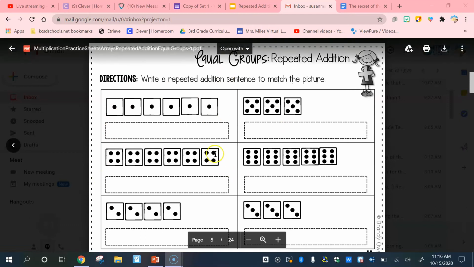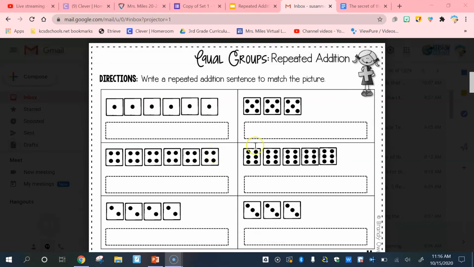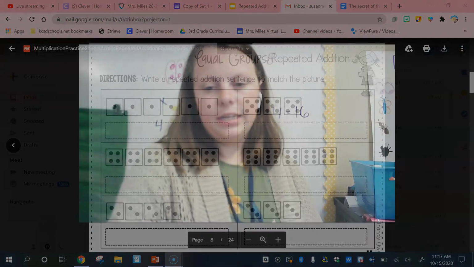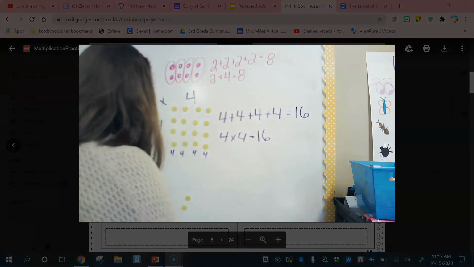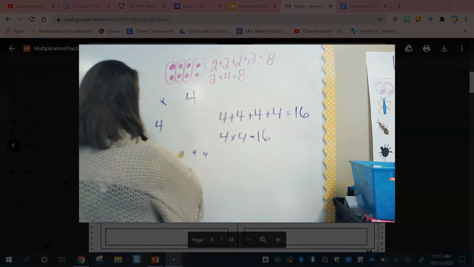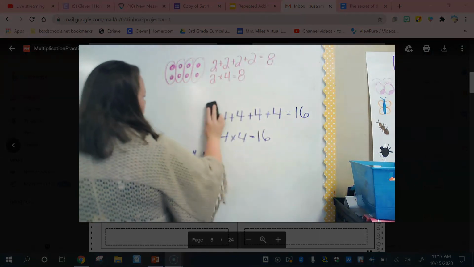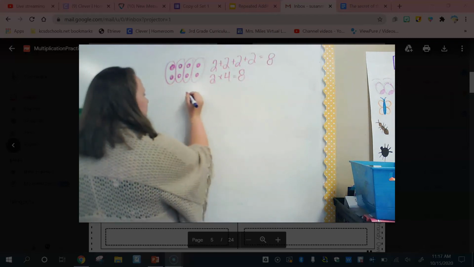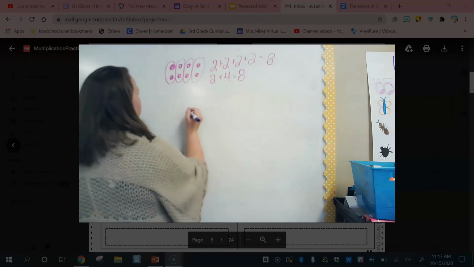So it can be the same on dice. I have 1, 2, 3, 4, 5 dice right here with 6 in each. If I want to show that 5 dice with 6 in each, I would say I want to add 5 6 times.